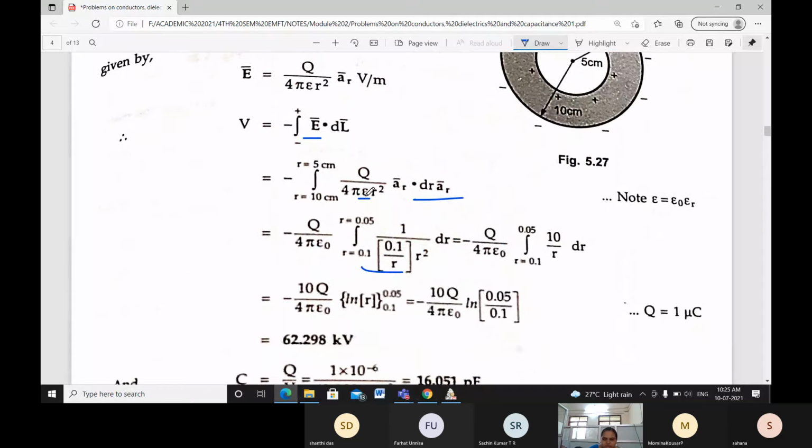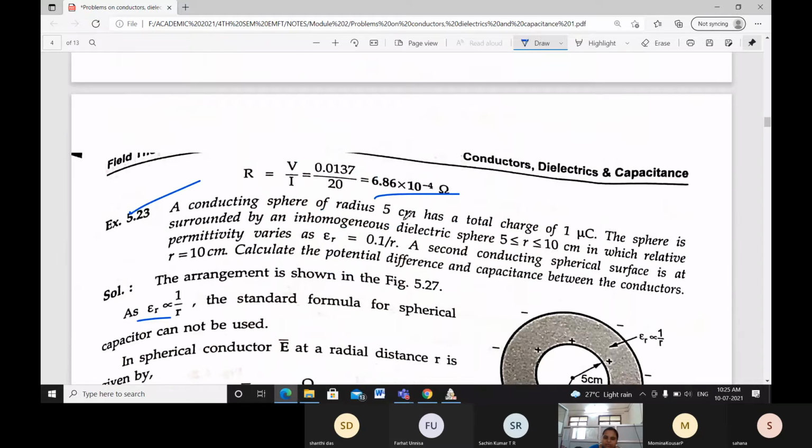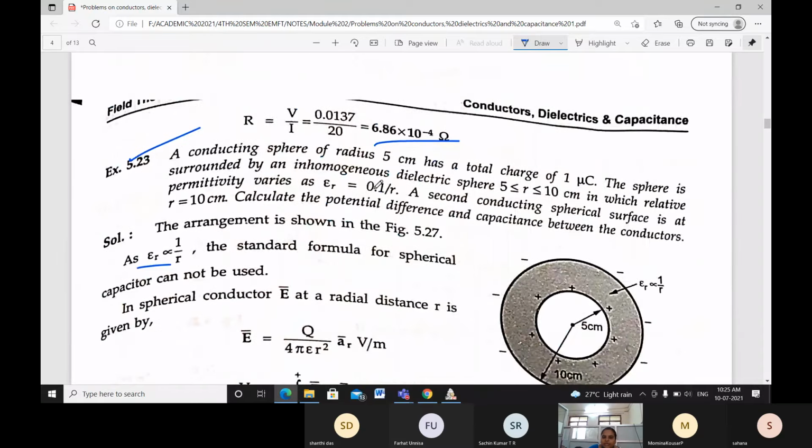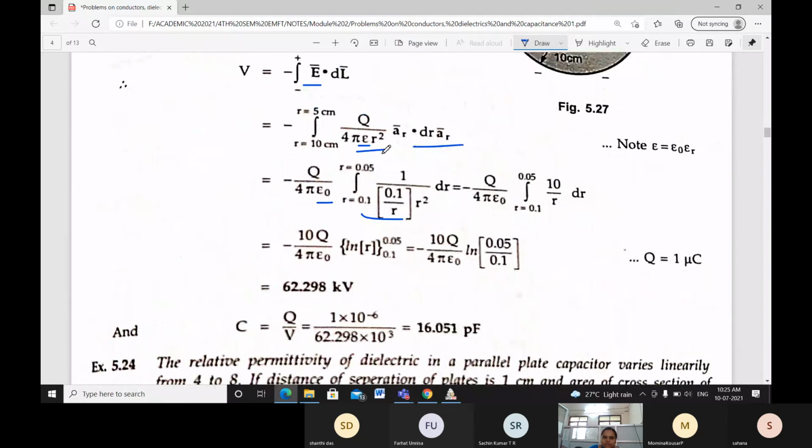Observe, epsilon is going to be epsilon naught, it's taken. Epsilon R is, they only gave, I forgot that, 0.1 divided by R. That's why it is substituted here: 0.1 into 0.1 divided by R into R square. Then R square, 1 R is there, you will be left with R only.